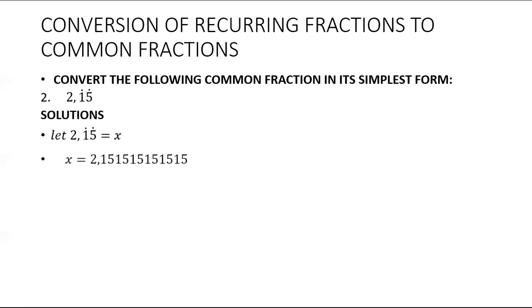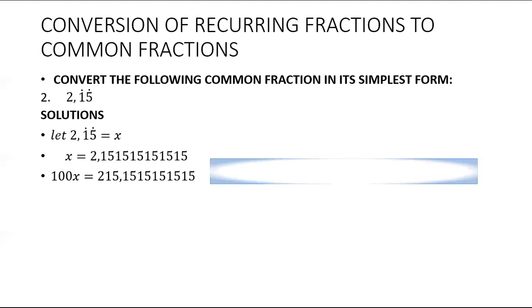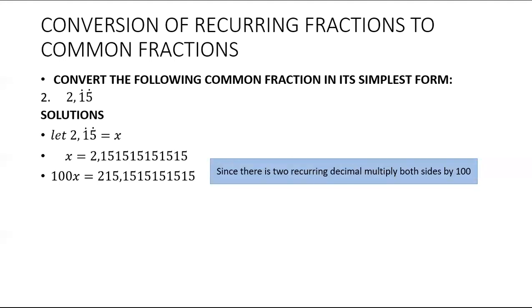Two recurring decimals, so you multiply that both sides by 100. 100x minus 1x will give you 99x. 215,1515 minus 2,1515, it will give you 213. Divide both sides by 99, and that's what you will get.